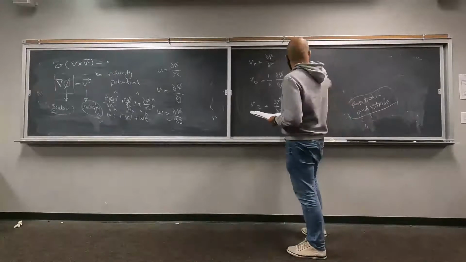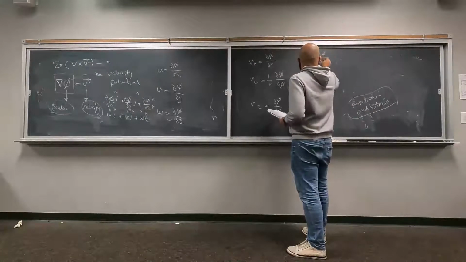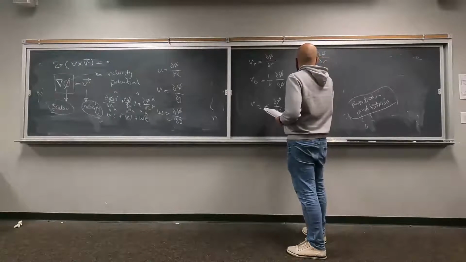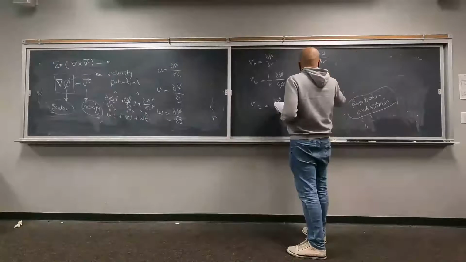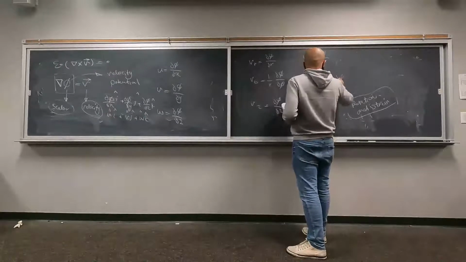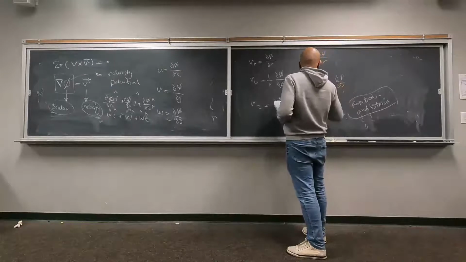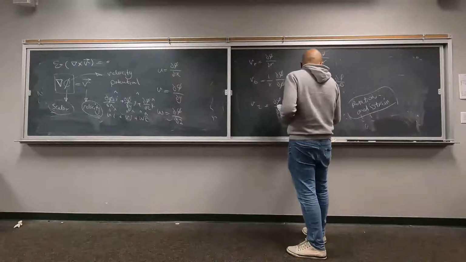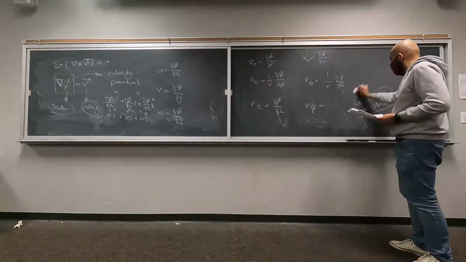Okay. For the spherical coordinate system, v r is partial phi partial r, v theta is going to be 1 over r partial phi partial theta. And then one of the axes of the spherical coordinate system is called phi by itself.